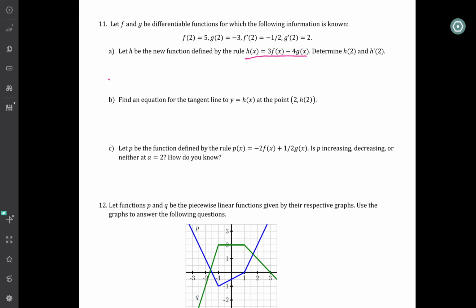I would say you should start with just a general formula. So for the derivative h prime, we're going to use first the sum and difference rule. This is a difference of two functions, so we can look at them one at a time.